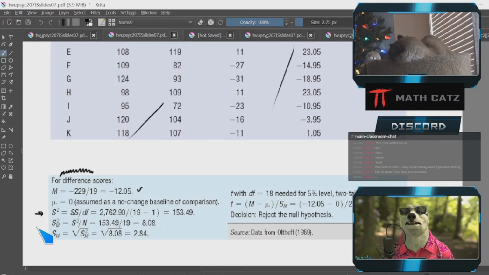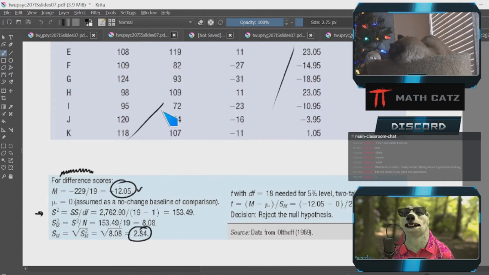We get the comparison distribution in the same way. The distribution of means, we get the standard error. So we want to remember this, and, well, we're testing it against 0, I guess. But for our sample, it might be drastically different. The mean sample difference score we want to remember over here.